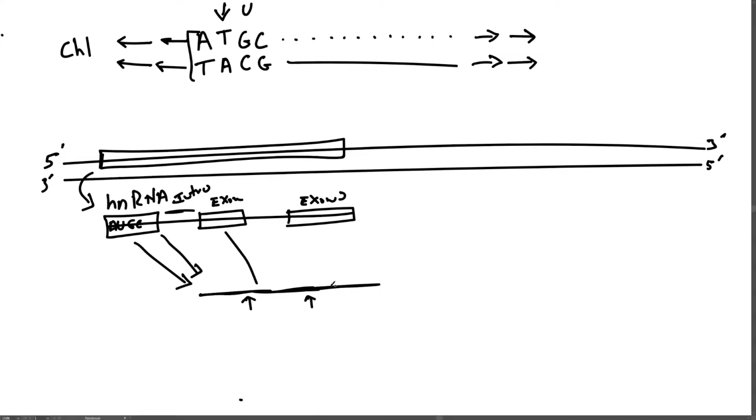Okay. Now it could be that there's alternative splicing. So this is exon 2 and this is exon 1 here. So you could actually have an RNA that's exon 1 and exon 2 only, or you could have exon 1 and exon 3 with 2 spliced out, or you could have exon 2 and exon 3 and so on. That's differential splicing.